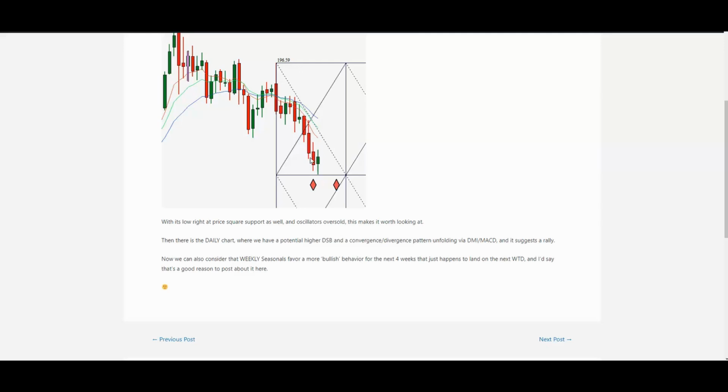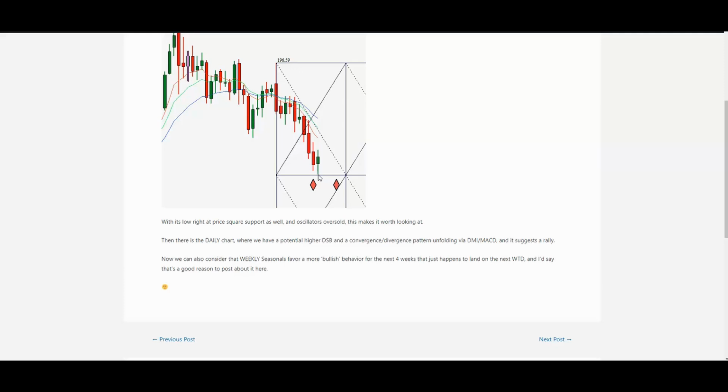Obviously nothing happened here and here, which really skyrocketed the probability because this was the last possible bar that could make a swing for this forecast right here. And so that just skyrockets the probability. And then that, of course, gives me the confidence to go out in public in advance and let you all know, hey, I'm expecting a weekly swing bottom.